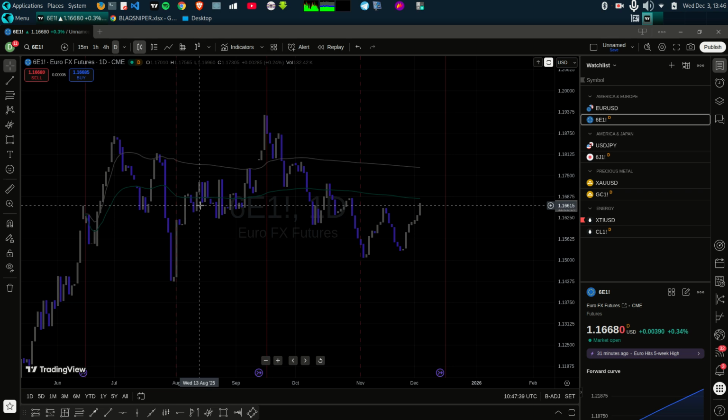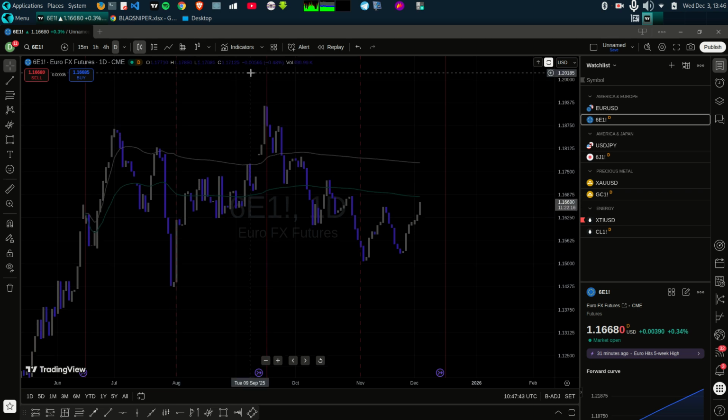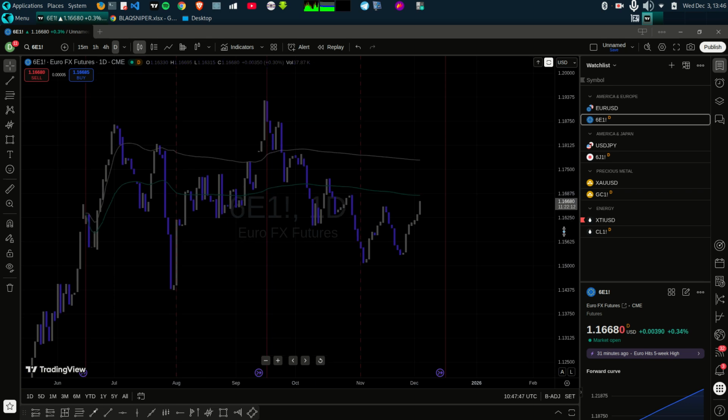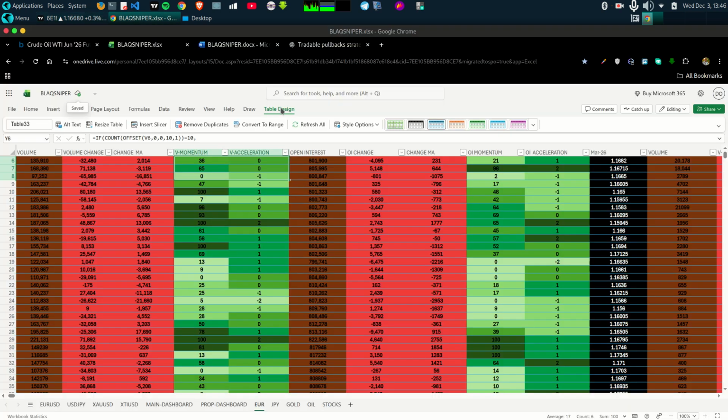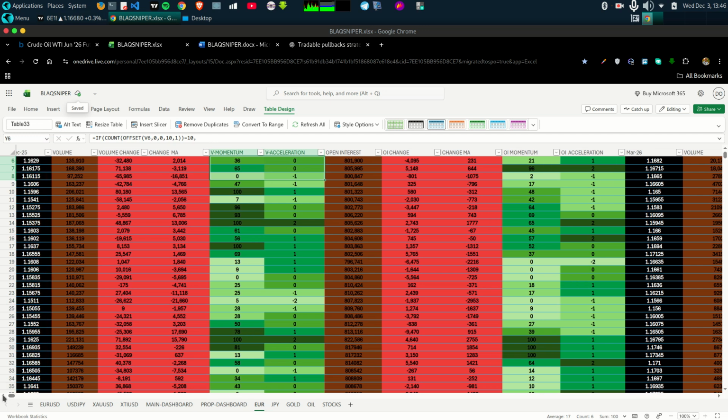And for us to know where we might be heading to, let's look at the positioning to see exactly the direction. So looking at the positioning here on the euro, let's look at the positioning at this point.